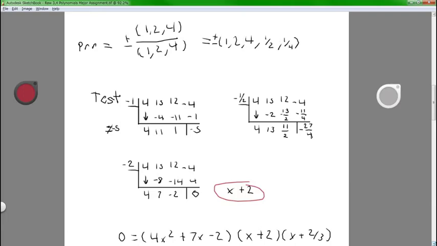So negative 1/2 times 4 gives you a negative 2. 15 minus 2 gives you 13. 13 times negative 1/2 gives you negative 13 halves. 12 minus 13 halves gives you 11 halves.